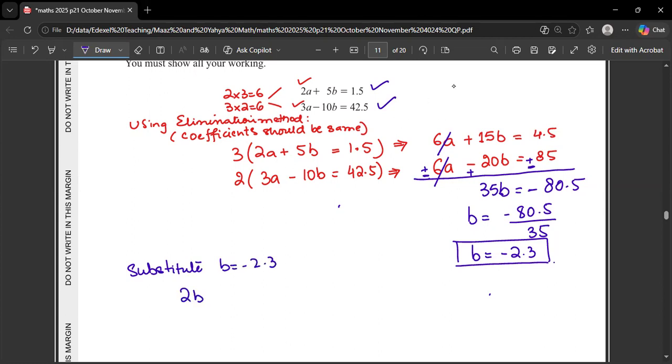So that's going to be 2b plus 5, sorry, 2a, right? 2a plus 5 times b, that's minus 2.3, equals 1.5. Okay, so 5 times 2.3 is going to be how much? 5 times 2.3. Yes, 5 times 2.3.